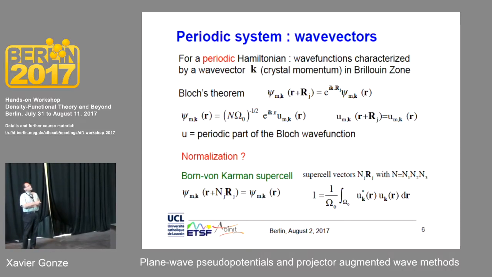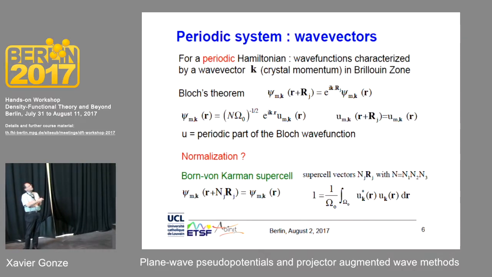By plugging this normalization into this formula, also taking into account the n number, the multiplication factor of the Born-von Karman supercell, one can see that the u function that we are really dealing with in numerical computation will have the following normalization: when you integrate the square of the modulus of this u wave function over the primitive cell or the supercell, and divide by the volume of the supercell, one gets 1.